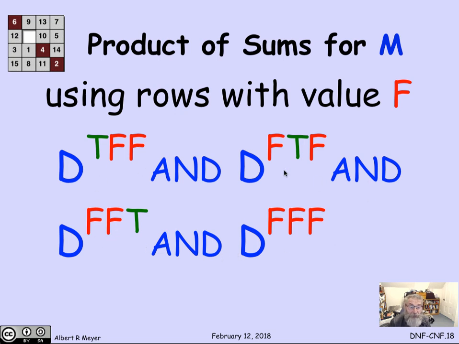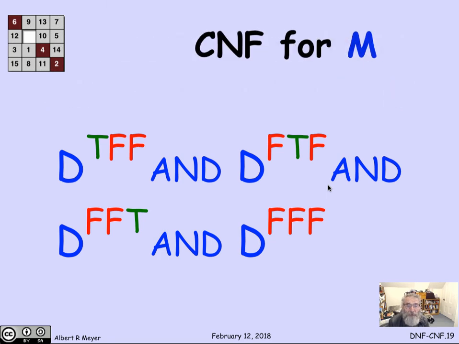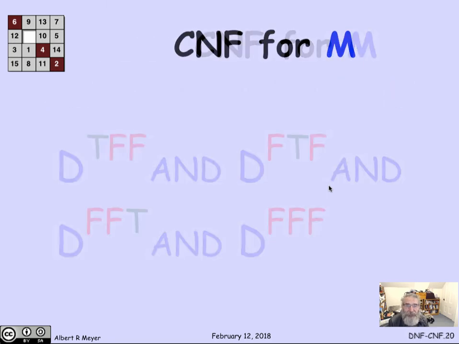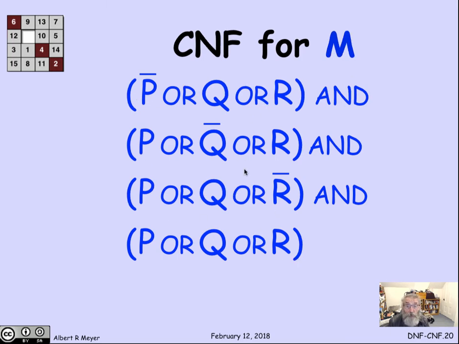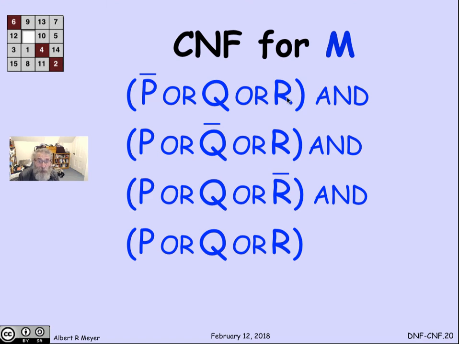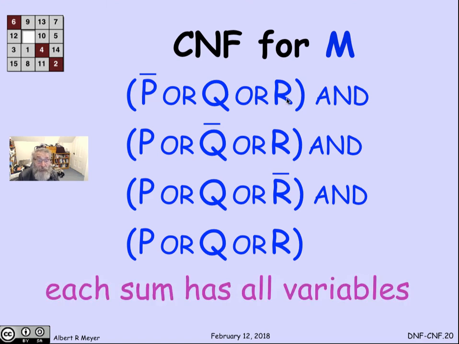So in short, this simple way of forming an AND of ORs formula is one that is going to be equivalent to M, and it's a conjunctive normal form. Here it is spelled out. You're ANDing together these four OR terms corresponding to the four rows. Again, each of these OR terms has one occurrence of each variable.